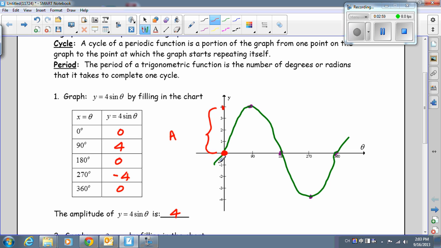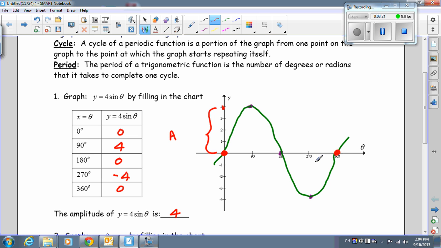The next thing you need to know also is the cycle and the period. I will get to it right away. Now, the period is when you make a complete cycle. So the period is not just from here to here, but it's from this point until you end at the same exact point.